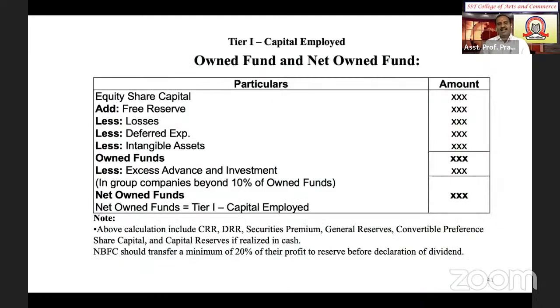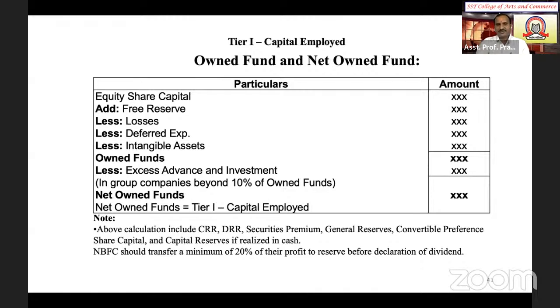If they want to ask a practical question, they will ask how to calculate the own fund and net own fund. Here, the format is given to you in my PPT. Equity share capital, add free reserves, less any losses, less any deferred expenses, less any intangible assets, you will get own fund.